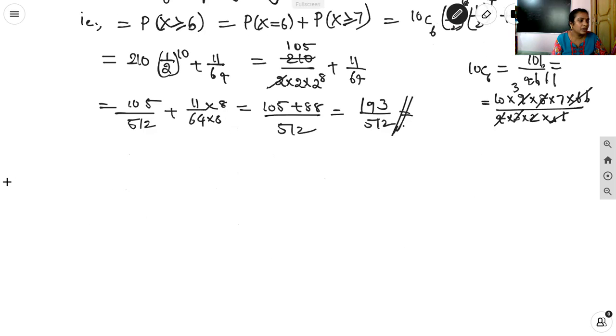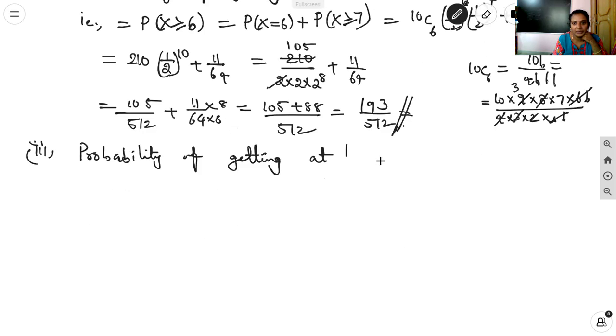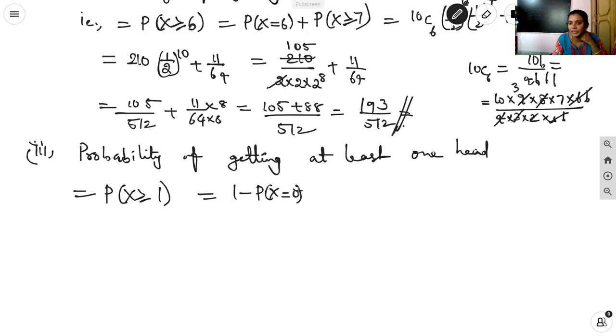Third one, probability of getting at least one head. That is equal to probability of x greater than or equal to 1, that is equal to 1 minus probability of x equal to 0.